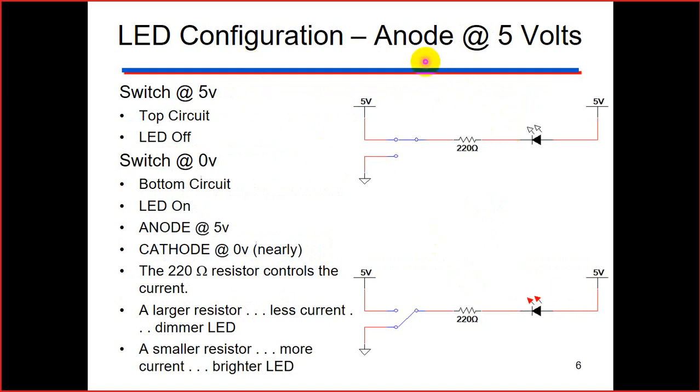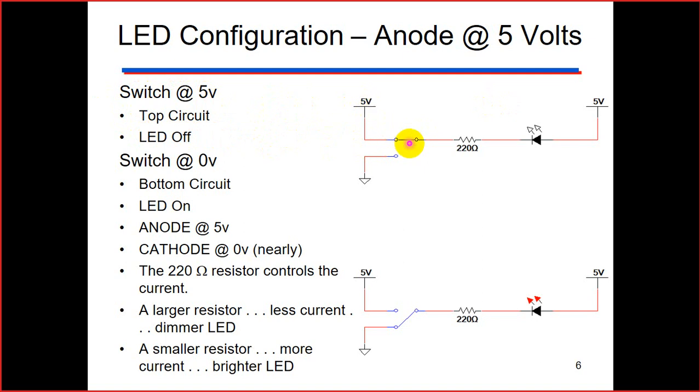This is a common anode configuration. Anode at 5 volt. Look at over here. This is the positive side, the anode, 5 volt. So top circuit, switch at 5 volt, LED is off. The top switch is at 5 volt.